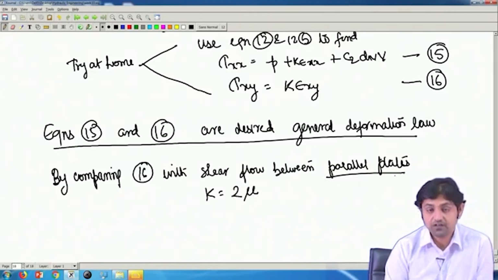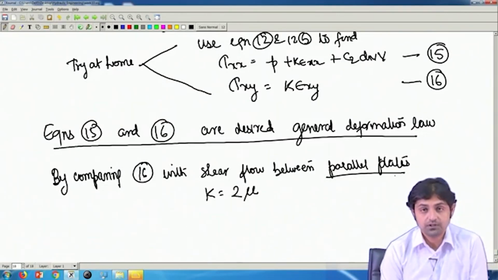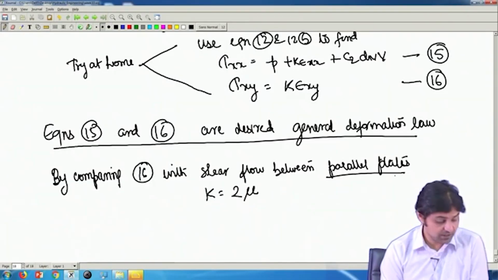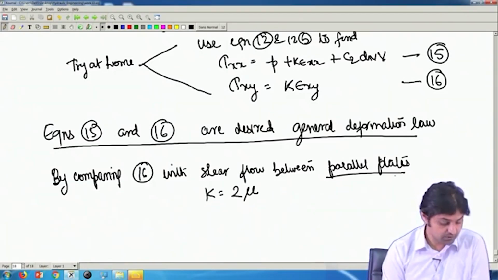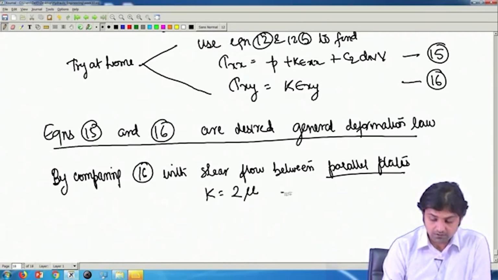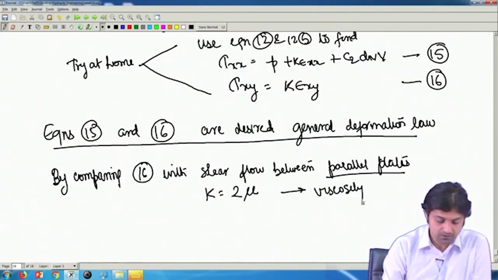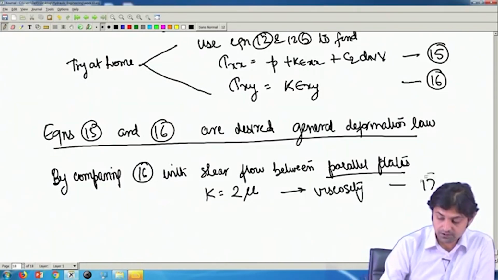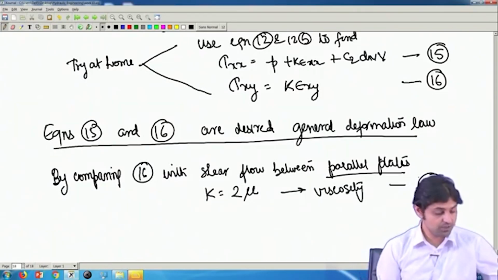This we have seen before in our topic of laminar and turbulent flow. So, k is equal to 2 mu, where mu is viscosity, and this is equation number 17. It is just by comparison.